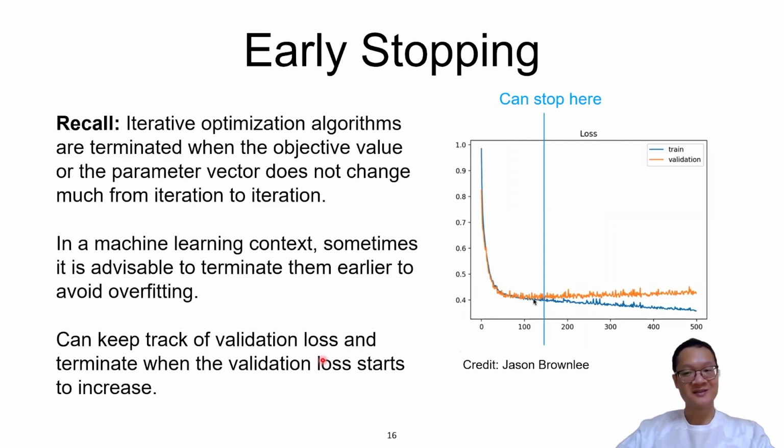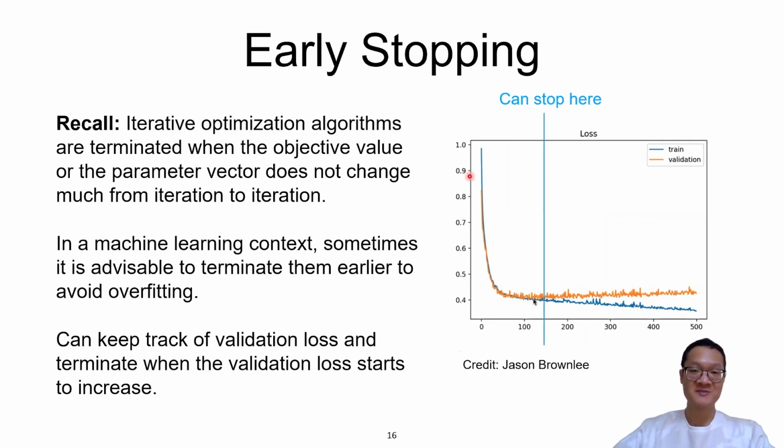Just an aside to begin with: early stopping in training neural networks. When we train neural networks, because the loss function becomes non-convex, we need to use iterative optimization algorithms. Normally we terminate the algorithm when the objective value or the parameter vector converges. But sometimes in machine learning, especially with neural network models, it's a good idea to terminate earlier to avoid overfitting.